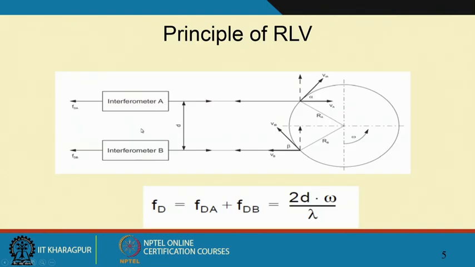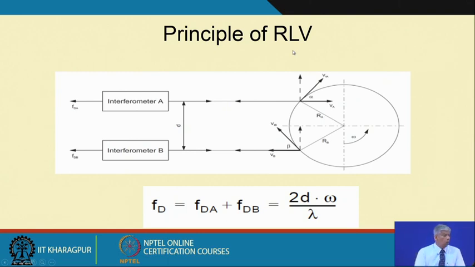Now, I have two laser beams, laser beam A and laser beam B, and this is the principle behind the working of a rotational laser vibrometer. If this is a shaft, these laser beams are focused onto it with a separation distance of d. The beams have to be identical, because the signal strength should be balanced, and so I will have reflected components VB and VA.